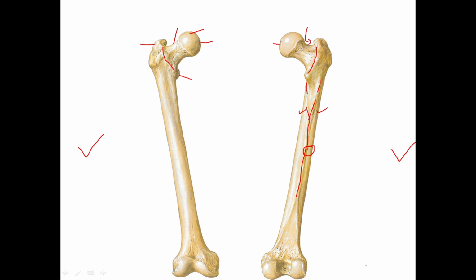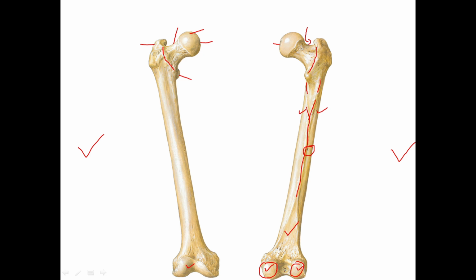When we come inferiorly, we can see the surface posteriorly, that is the popliteal surface, and anteriorly we can see the patellar surface. Two round articulations here represent the condyles, medial and lateral.